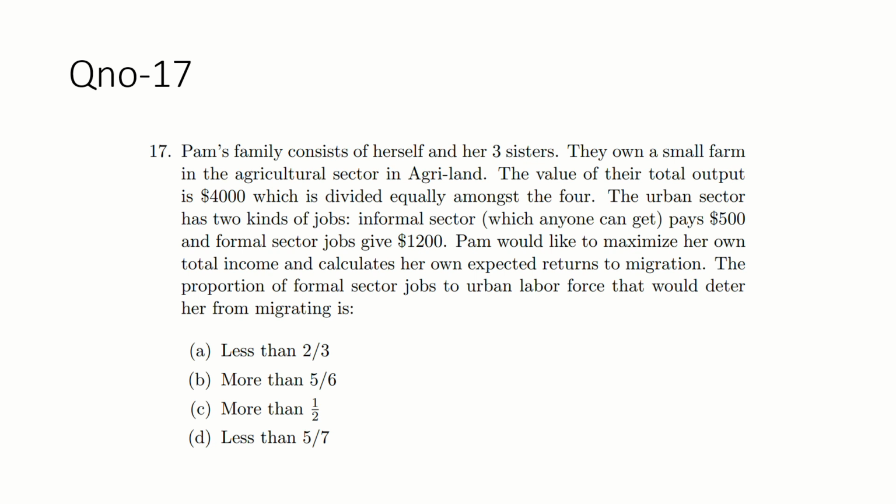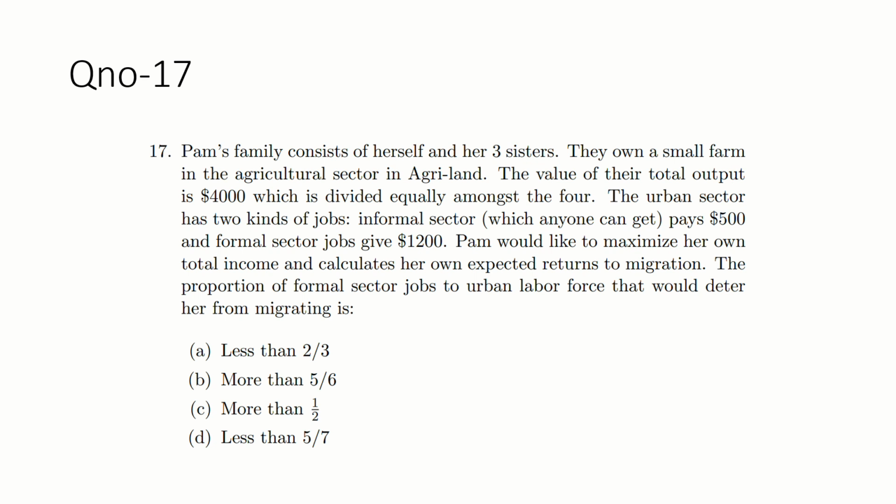Palm would like to maximize her own total income and calculate her own expected return to migration. The proportion of formal sector jobs to the urban labor force that would deter her from migrating is what? So guys, read this question very carefully because it is asking about two situations.